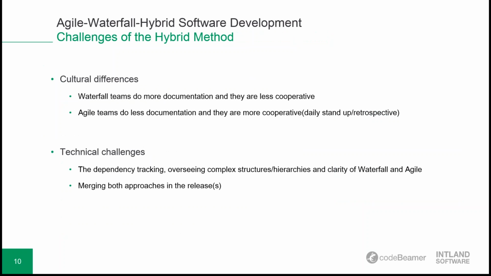Of course, if you start working or using Agile Waterfall hybrid, that has challenges. First, you're going to see cultural challenges and technical challenges. The cultural challenges, I think it's relatively clear. So the Waterfall teams do more documentation and they are less cooperative.